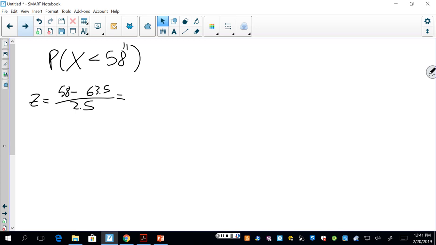And that's negative 2.2. And so the probability that a standard normal is less than negative 2.2. If we look that up on the table, what number do we get as a probability? 0.0139. See that one there? 0.0139.